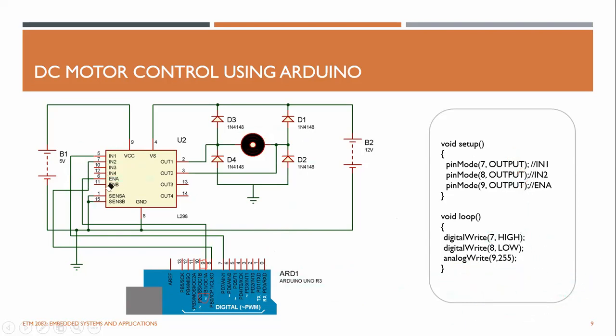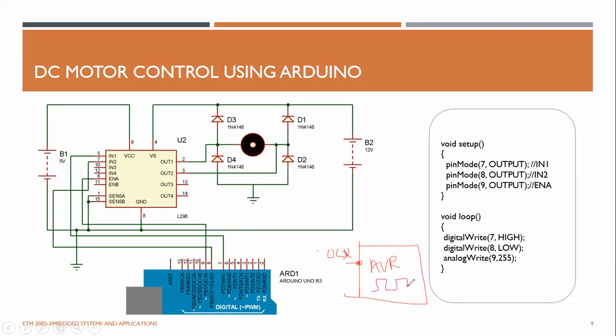If you use a microcontroller instead of the Arduino, the only difference is that these functions will be quite different. If you have an AVR microcontroller, make sure you connect this ENA to the pin that is generating the OCx output of the PWM signal from the timers and counters.